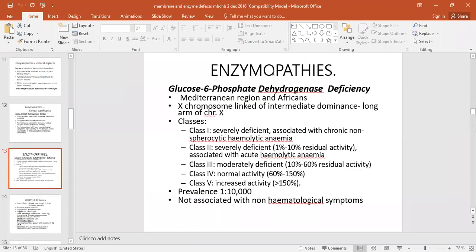So ladies and gentlemen, I'll start by talking about G6PD, glucose-6-phosphate dehydrogenase deficiency. I generally note to students that those of us who are highly mobile, thank God COVID is limiting some of us from moving around.